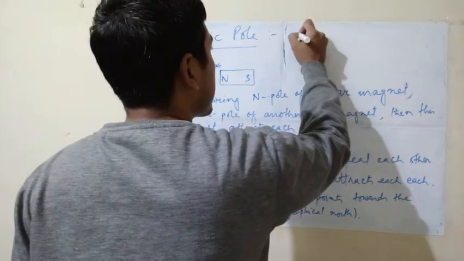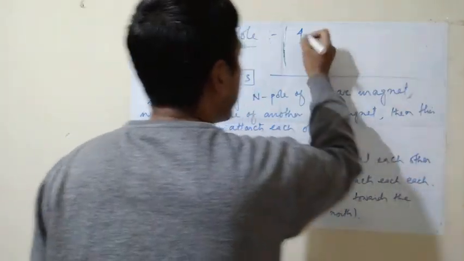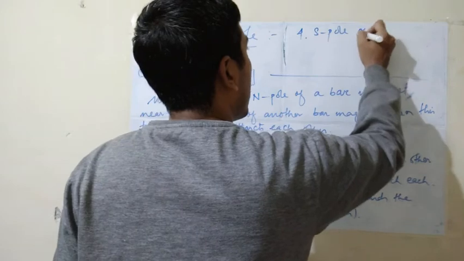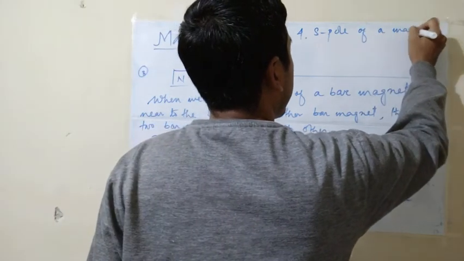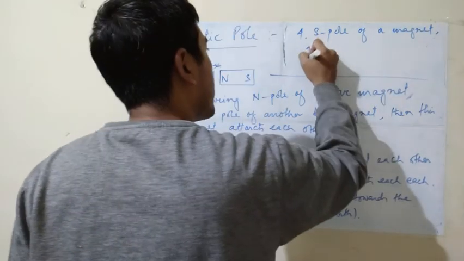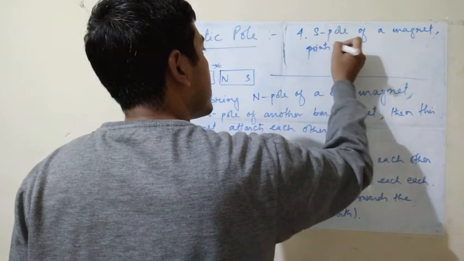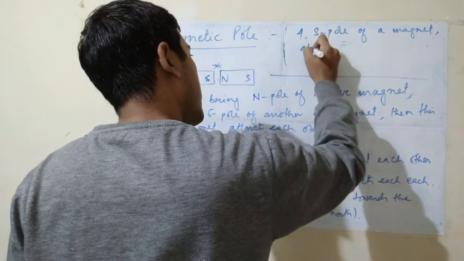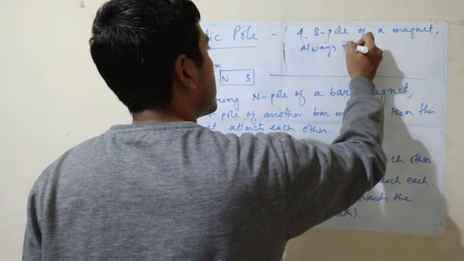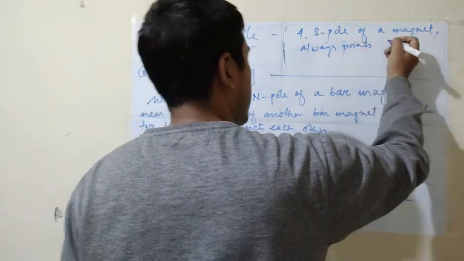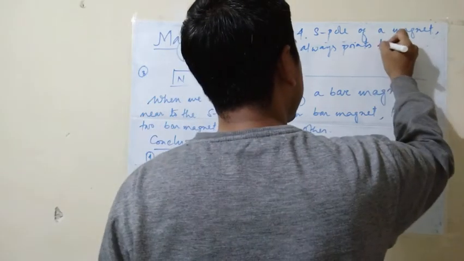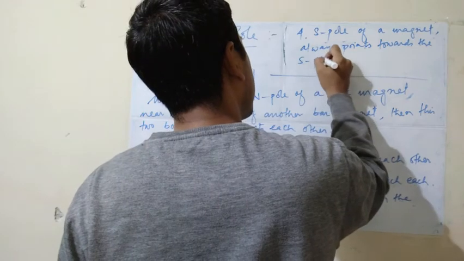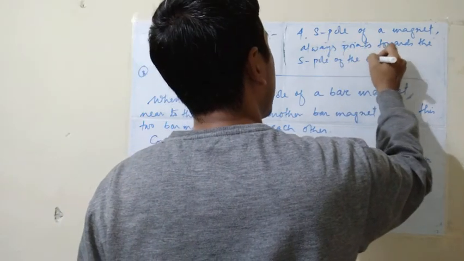And number 4th point, I will write here. The south pole of a magnet always points towards the South Pole of the earth.